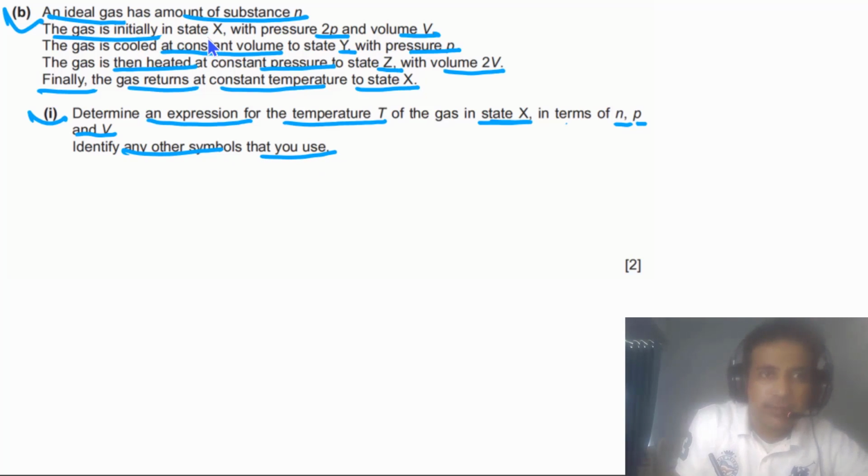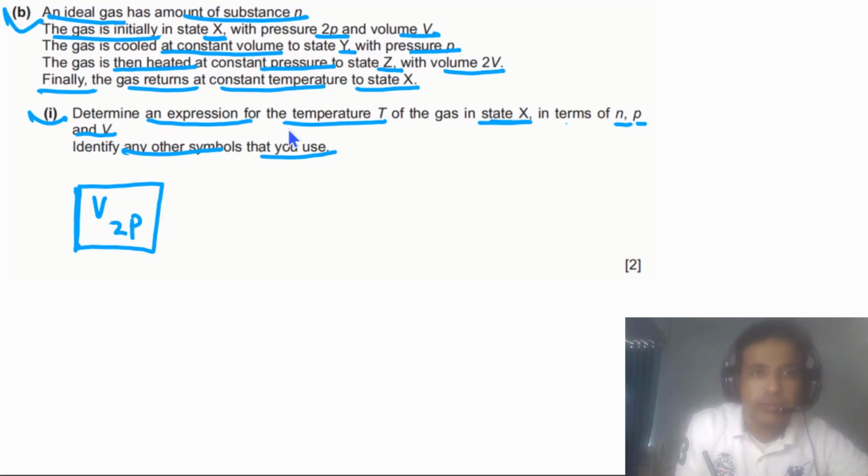If you look at state X, it is given to us the volume of the gas. So imagine that we have gas here, and the volume of the gas for state X is V, and the pressure of the gas is 2p. So we need to write an expression for the temperature of the gas. Simply we have to use the ideal gas equation, pV equals nRT.